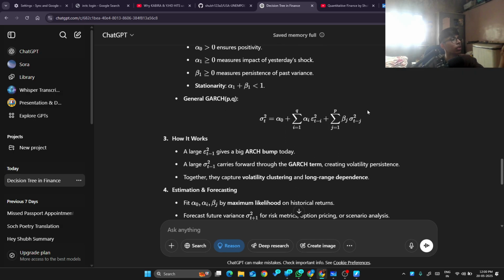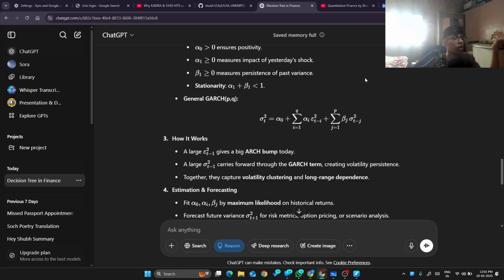And in generalized GARCH(p,q), instead of stock price we use this term, the market variable. If the stock price move is larger, then the ARCH bump is more, and if the variance term is large, then the GARCH term has more value and creates a volatility presence, more fluctuation.